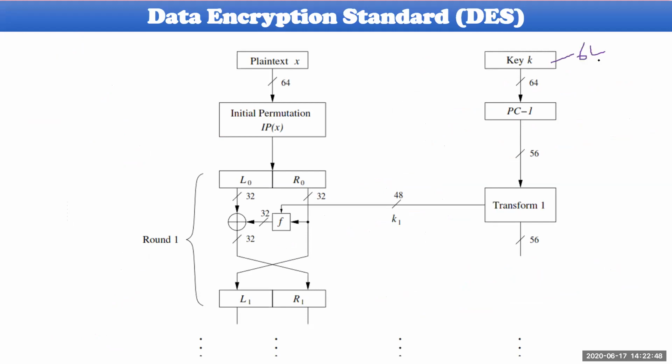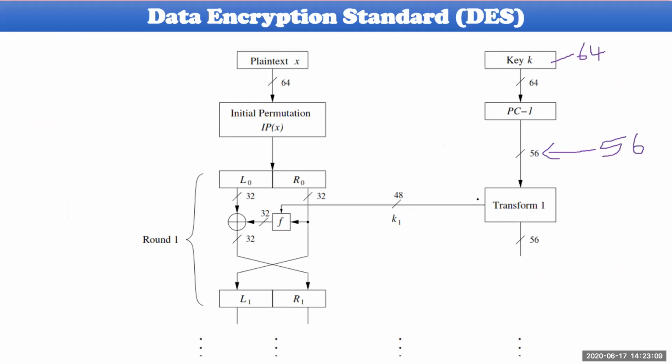You have to make the 64 bits into 56 bits. Some number of bits, approximately 4 plus 4, that is 8 bits, are going to be dropped so that it becomes 56 bits.